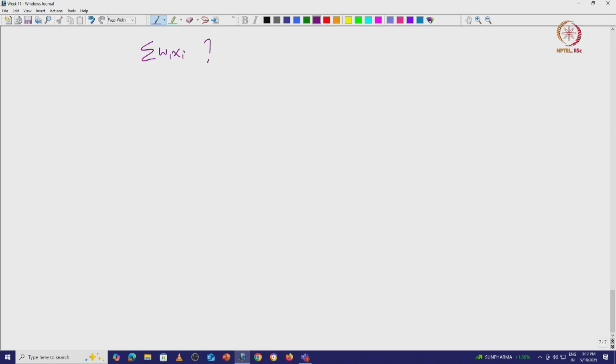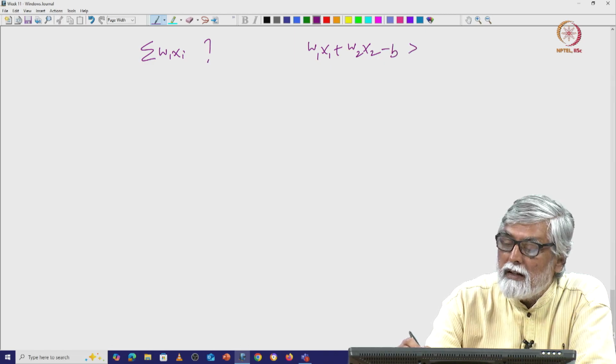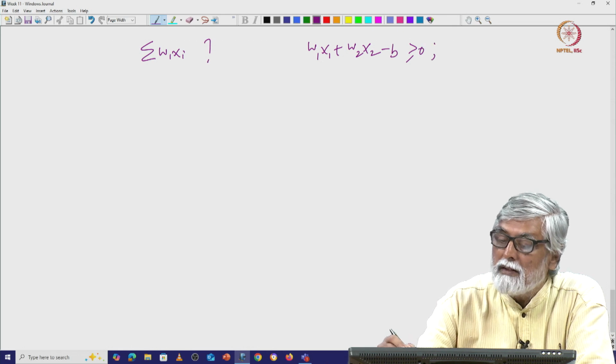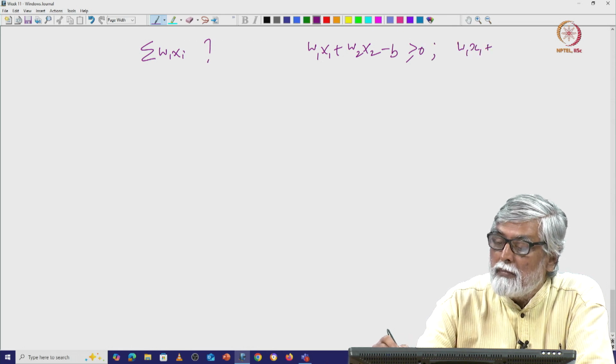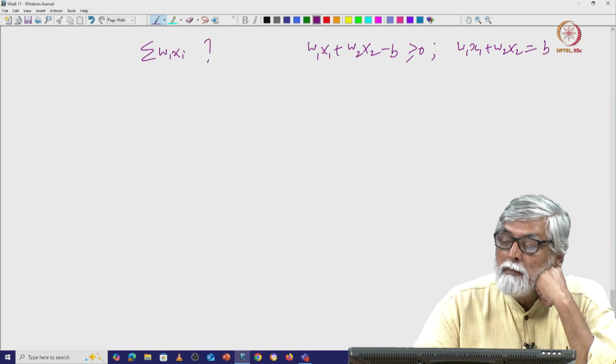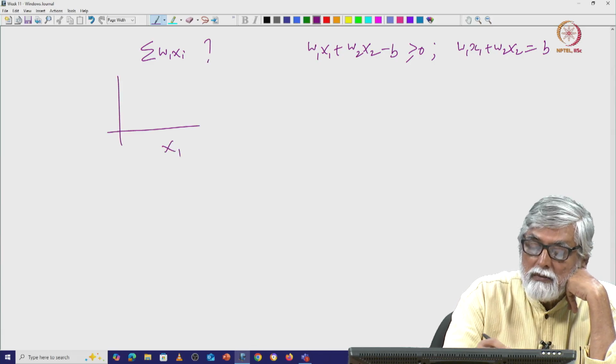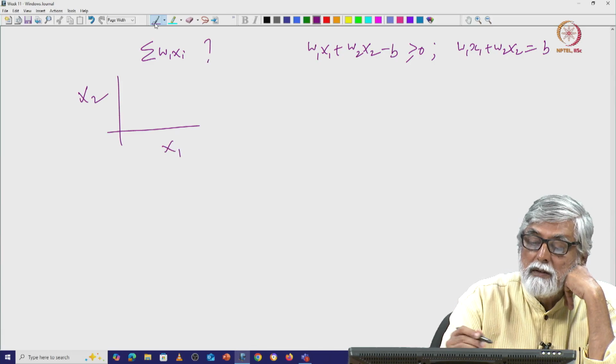Let us consider a simple two variable case, w1 x1 plus w2 x2 minus b greater than or equal to 0, which is the same as w1 x1 plus w2 x2 equal to b, with minus b going there. The variables are x1 and x2, they can even be looked at as a coordinate space.